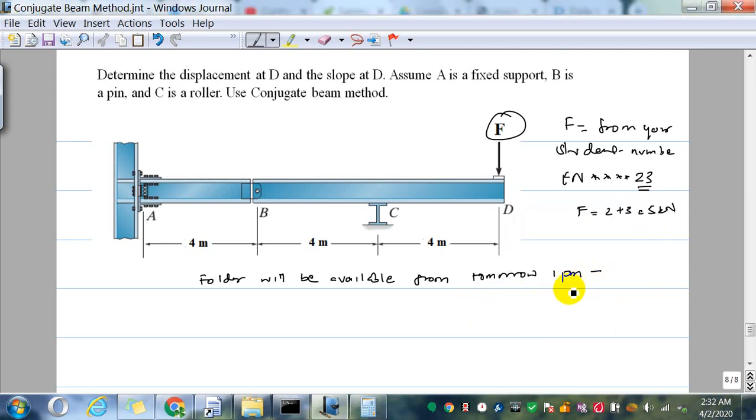So you have to upload between Friday 1 p.m. till Saturday 8 a.m. The problem will appear tomorrow morning. So you have a lot of time to work out this problem, scan and upload to the courseware.